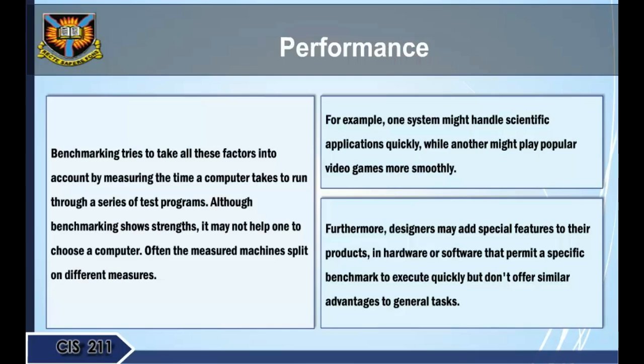For example, one system might handle scientific applications quickly, while another might play popular video games more smoothly. Furthermore, designers may add special features to their product in hardware or software that permit a specific benchmark to execute quickly but don't offer similar advantages to general tasks.